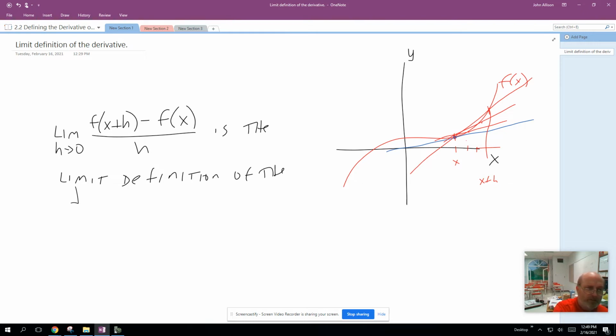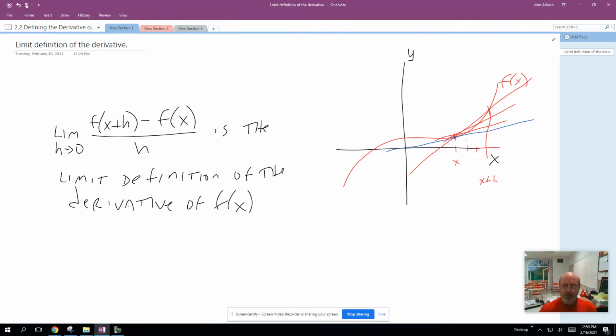We're going to use that later to find functions for the derivative of functions.